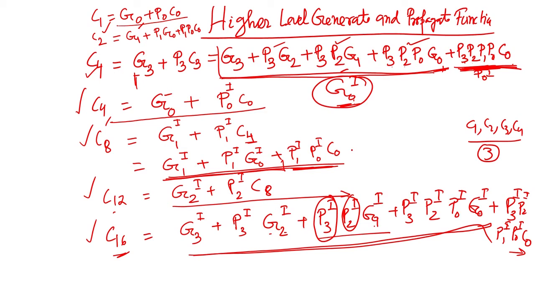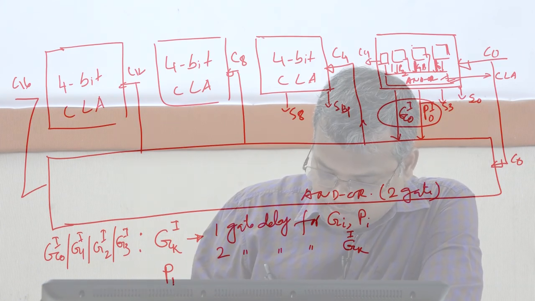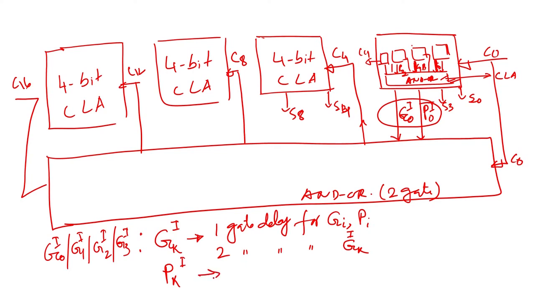This will be generated 1 gate delay after generating P0, P1, but this will take 2 gate delay after generating Gj, Gi and Pi. So, now you analyze Pki: this will take 1 gate delay for Pi, that is also true, and 1 more gate delay for Pk higher level.